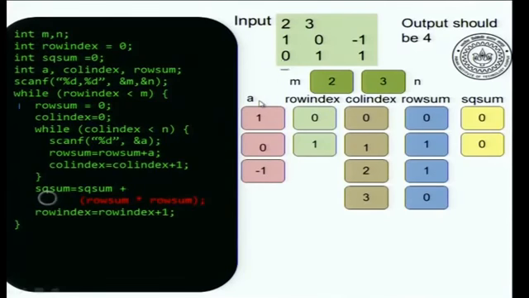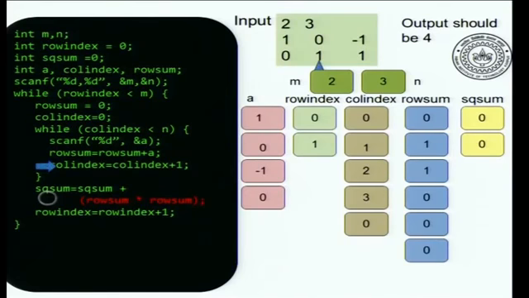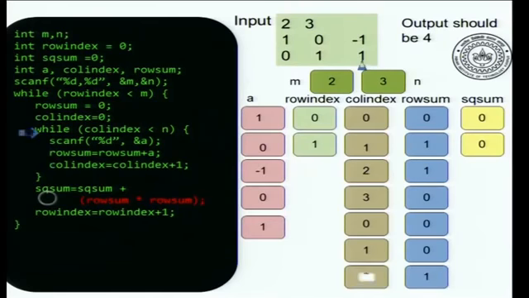And you repeat the same execution. We reinitialize row sum to 0, column index to 0. Okay. And then scan the next number, which is 0. Add it to the row sum, increment the column index, scan the next number, which is 1, and so on.